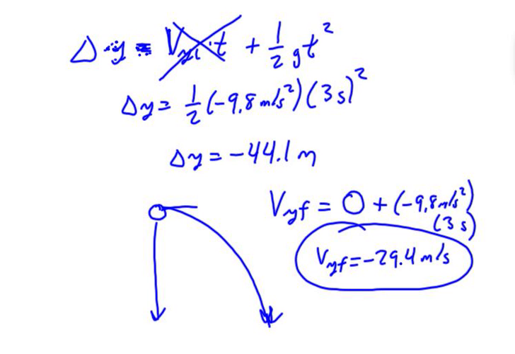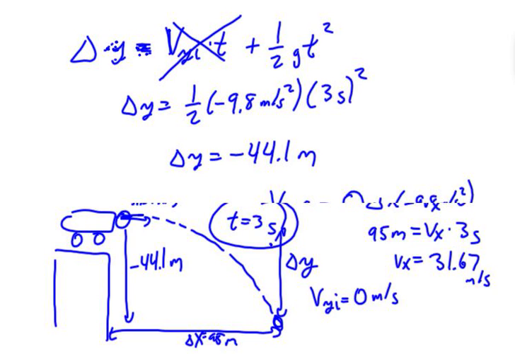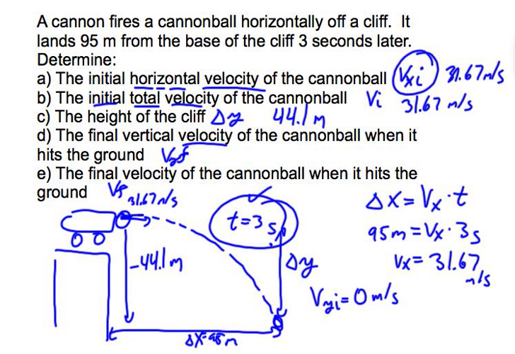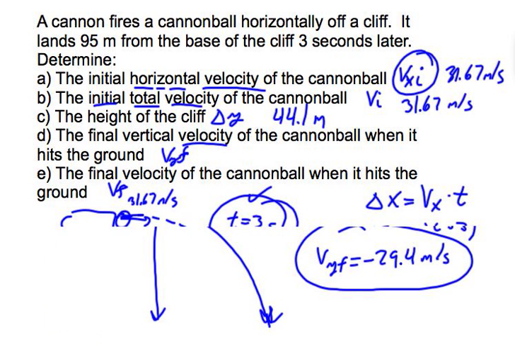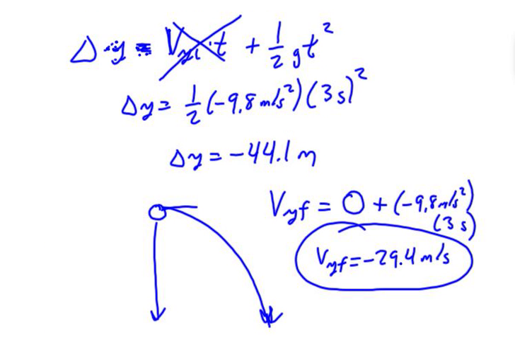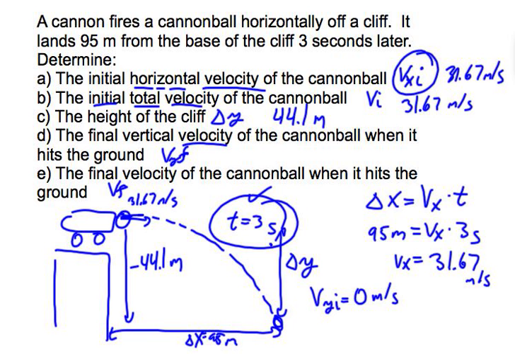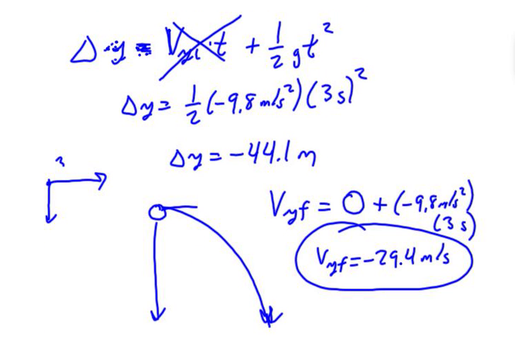All right, and the final question says, what is the final velocity when it hits the ground? So when it wants the total velocity, we have to take into account that it was moving in the x direction at a certain velocity, and it's moving in the y direction at a certain velocity. Looking back, our x velocity was 31.67 meters per second. That is vx.